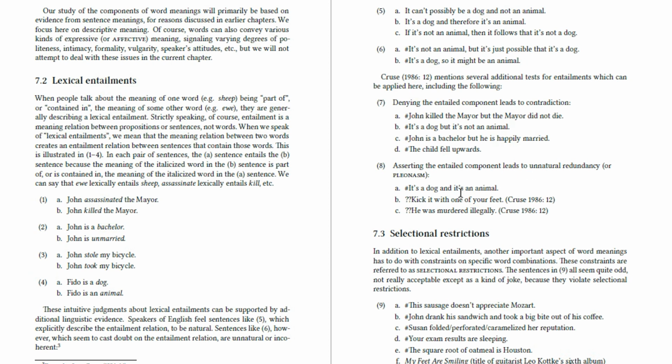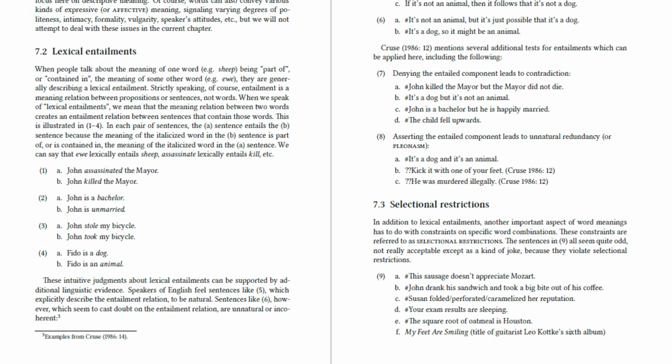Asserting: it's a dog and it's an animal. So this is asserting entailment. So it's one kind of entailment to tell it's asserting. So someone who is really sure about the entailment, kick it with one of your feet. He was murdered illegally. So that's about the unnatural redundancy and asserting.